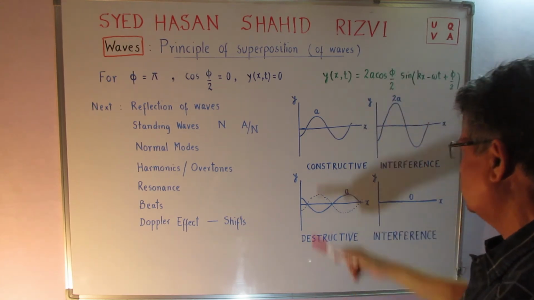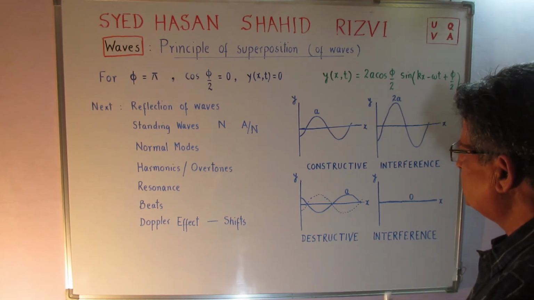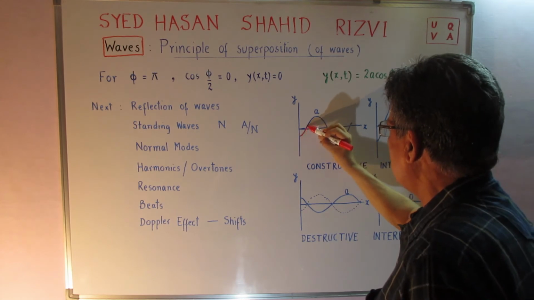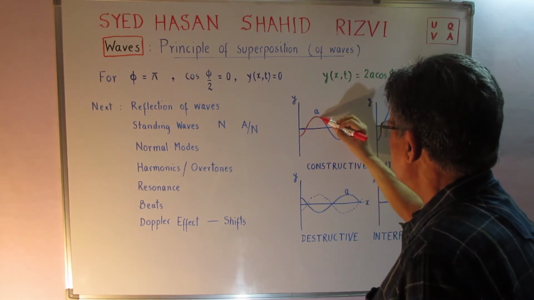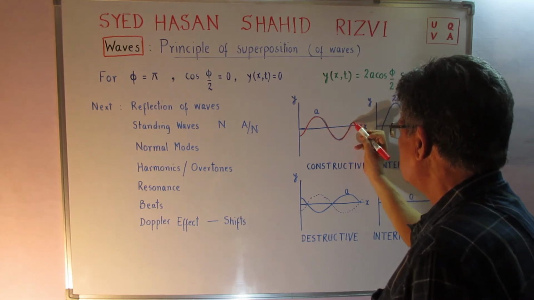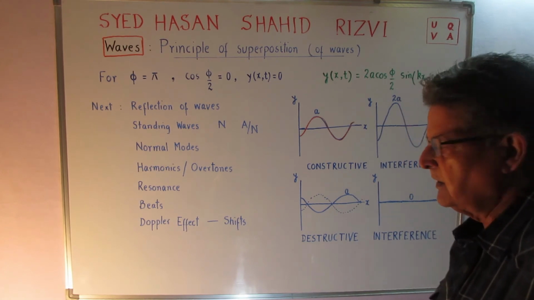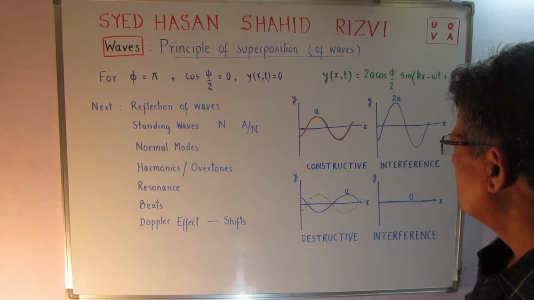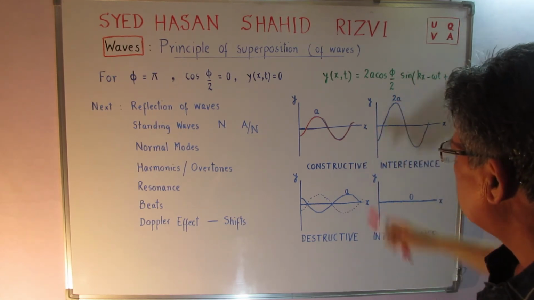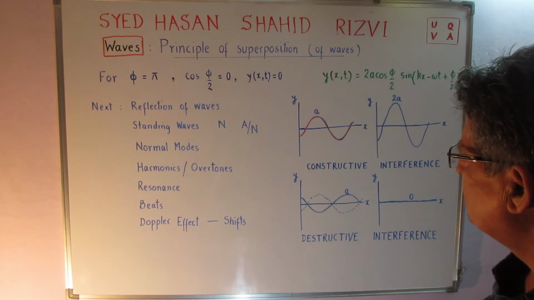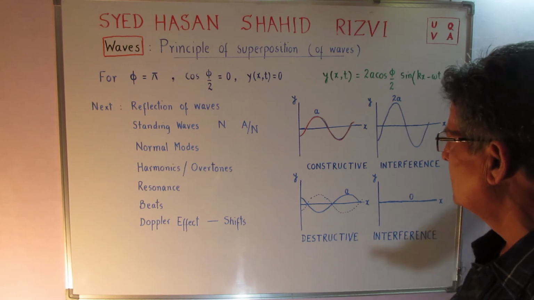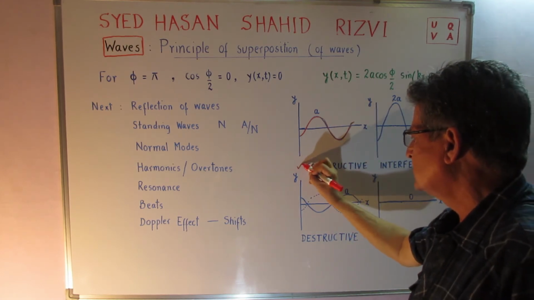If I plot this, I have shown these two waves, and I superimpose one on the other, and they are meeting in the same phase. Then we obtain a new wave with twice the amplitude of its constituent waves. This is called constructive interference.